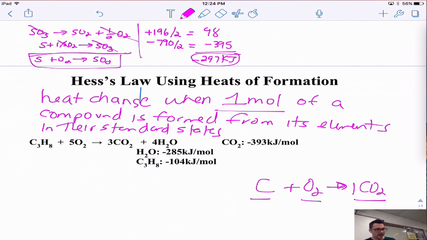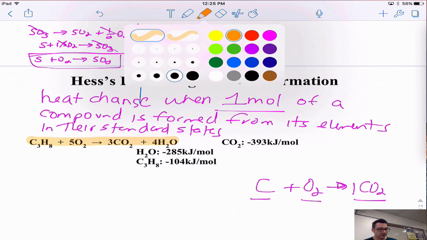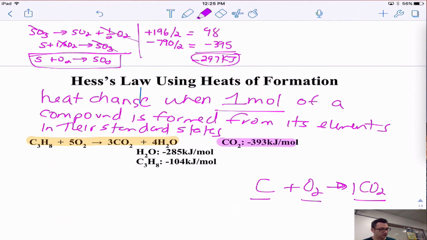I want you to find the delta H for this reaction. I don't give you those process reactions where you have to then flip them around or change them. Instead, I'm using the heat of formation values that are here. So I have heat of formation of CO2, heat of formation of H2O, heat of formation of C3H8. The heat of formation symbol, which I didn't write on the slide here, is delta H, 0 formation.